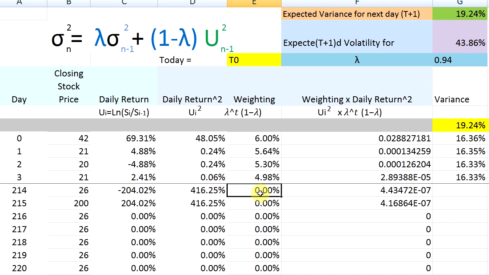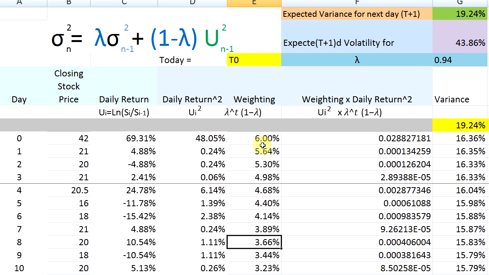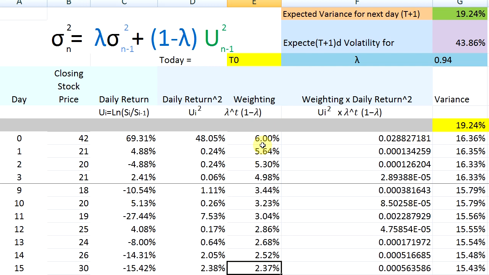That means whatever happens far from today will not come into this formula, because we are not applying the weighting. The way the exponentially weighted moving average model works is that if you have an observation far from today, since the weighting keeps reducing, it will not impact the estimated volatility for tomorrow.